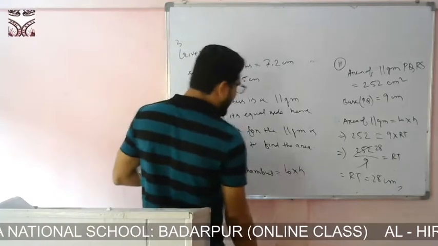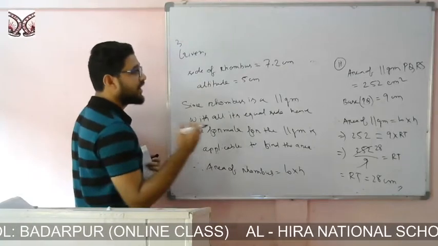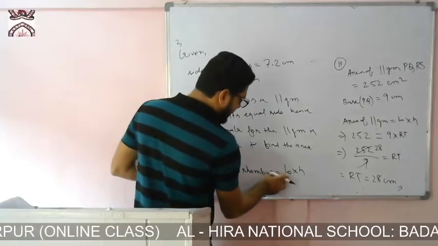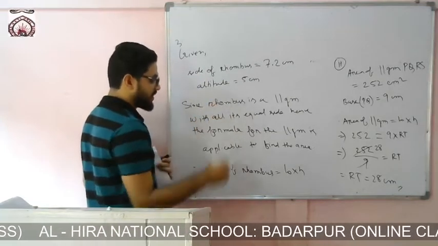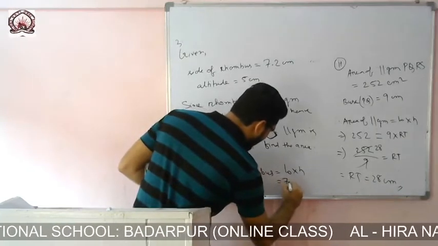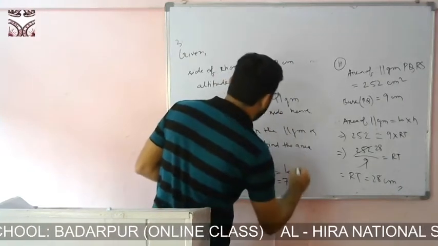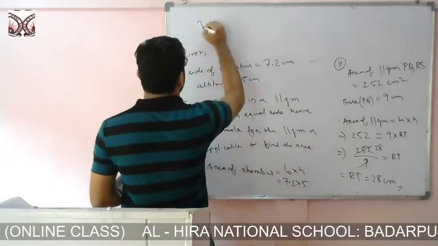Okay, so if I take base, then base are what? Base are the sides of a rhombus. In this case, base means side of a rhombus, and height it is given. So you can write like this: 7.2 into height, in place of height you can write 5. Okay, now you multiply.